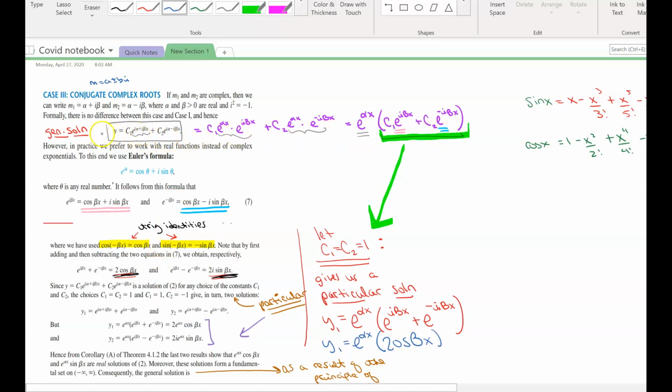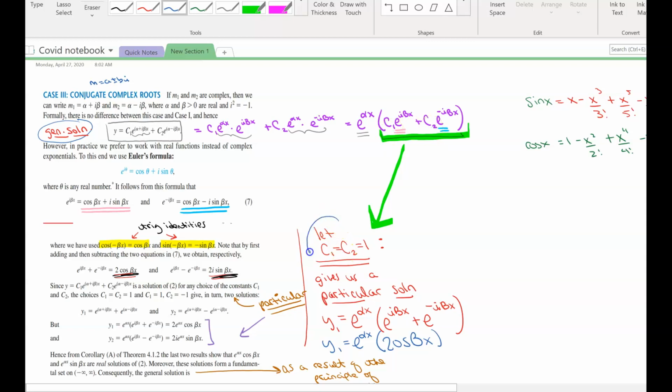Remember, this was a general solution, general solution, general solution. And a general solution means it is true for any possible values of constants C1 and C2. So let's just pick a value for constant 1 and a value for constant 2.